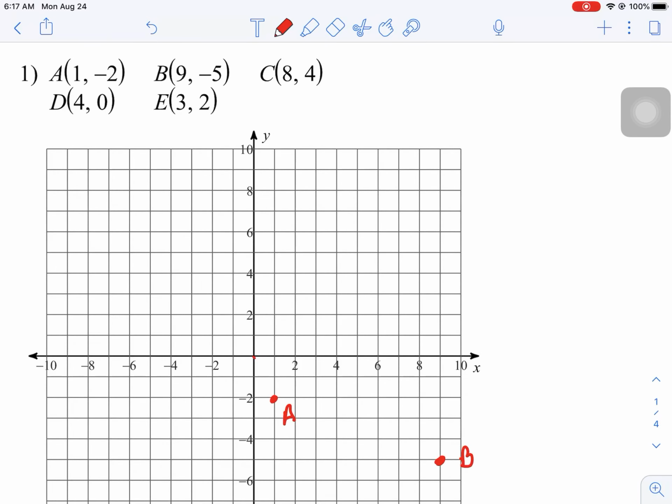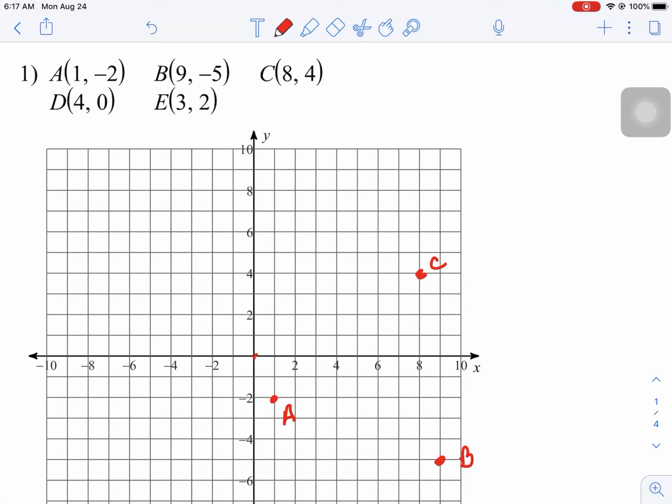So C, we're going to start at 0, go over 8 in the positive x, up 4 in the positive y, put our point on. That's going to be C. Again, I don't need this stuff, but it helps me see it.